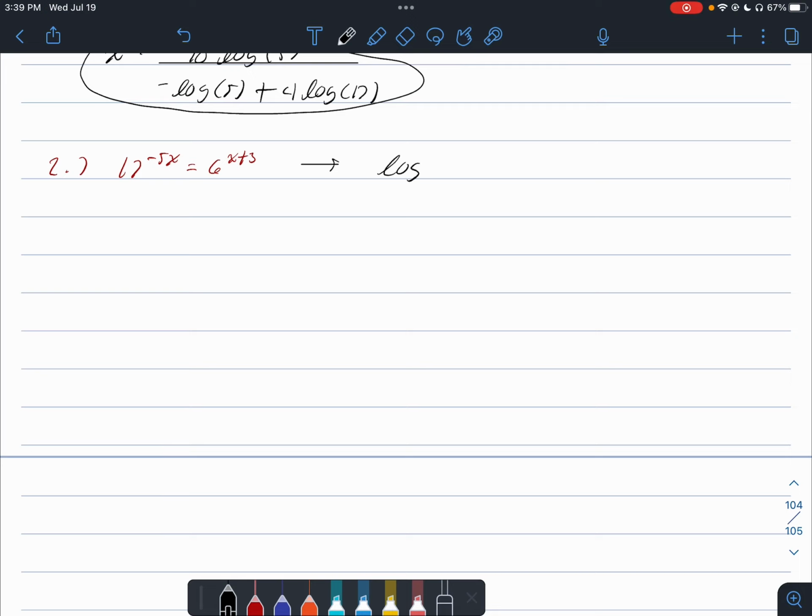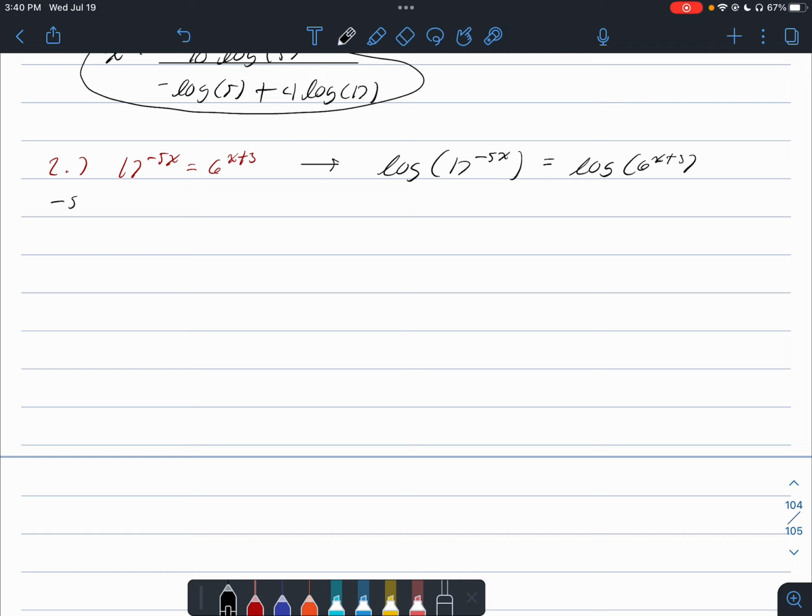So log of 17 to the negative 5x is equal to log 6 to the x plus 3. And using our power rule, we can rewrite both sides.